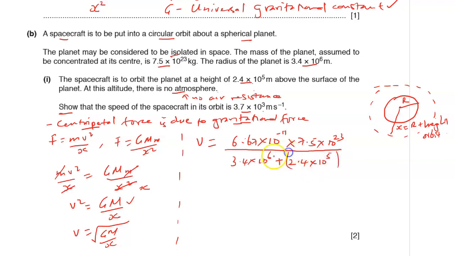We need to be keen on that, and then you're going to get the square root of all that, and use your calculator. If you evaluate this correctly, you're going to get 3.7 times 10 raised to power 3 meters per second, which is what we were supposed to show right there.